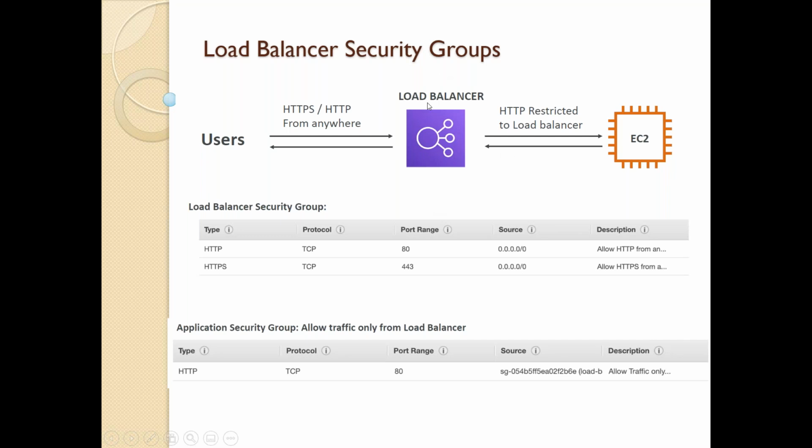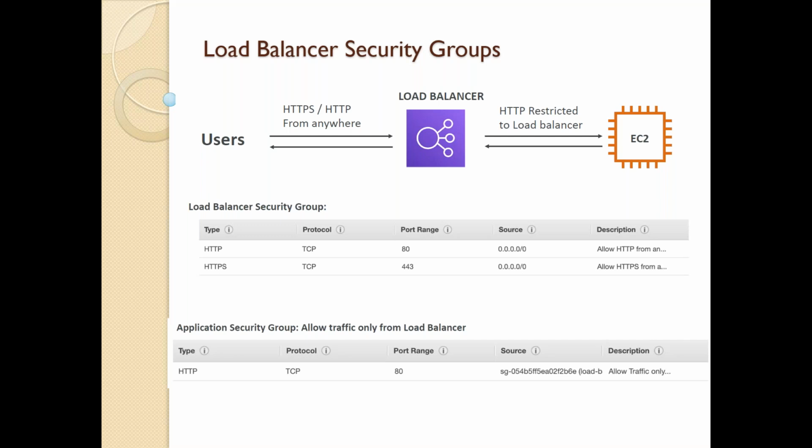Let's take the example of Google. When we try to hit Google on our browser, what happens basically? It doesn't go directly to the pages wherever they are hosted. It goes to their load balancer. Their load balancer will listen only on 80 or 443, HTTP or HTTPS, and of course Google is 443.